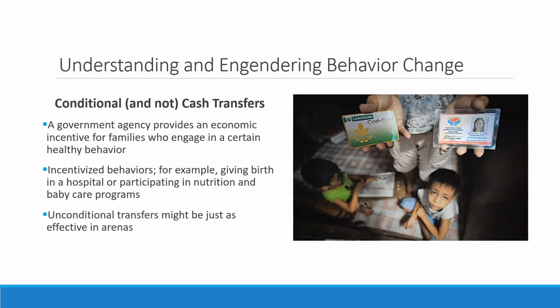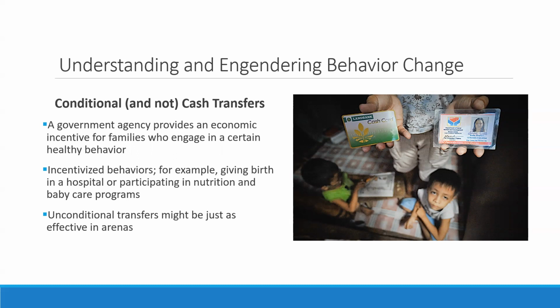Conditional cash transfers, also unconditional cash transfers. That's why I have and not. This is basically when a government agency provides an economic incentive for families who engage in a healthy behavior, and that's when it would be conditional. So giving birth in a hospital, or participating in a nutrition program, or a child care program, some governments will make these incentivized.